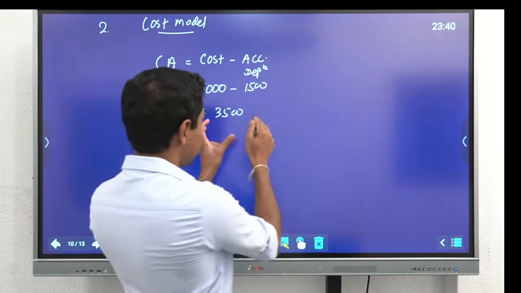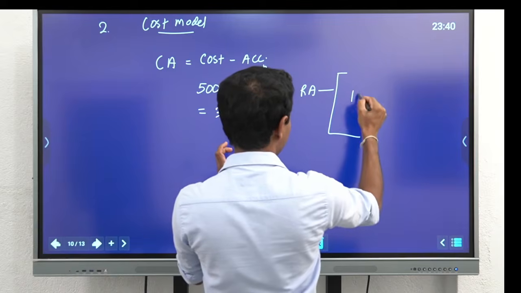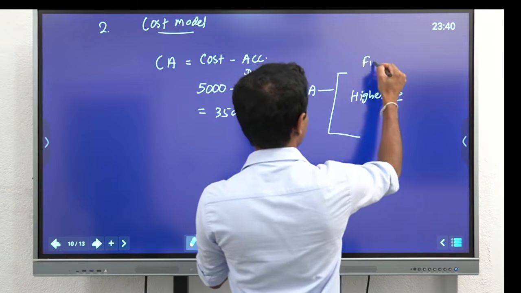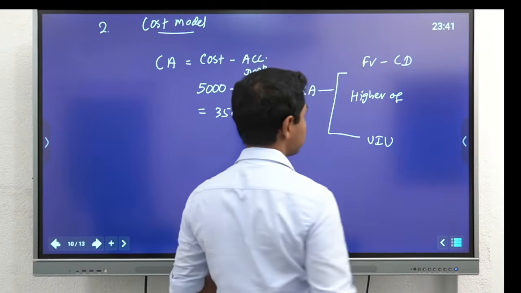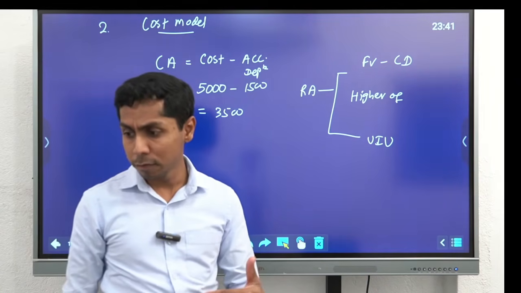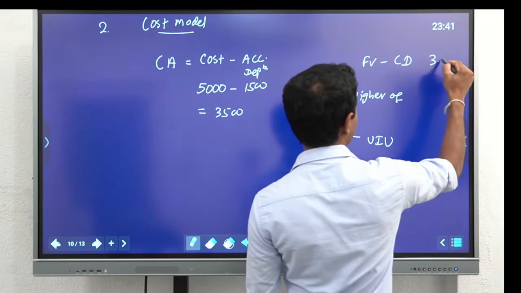And we have to compare this with the recoverable amount. So what is recoverable amount? Higher of fair value less cost of disposal and value in use. In this question, fair value less cost of disposal is given as 3.2.